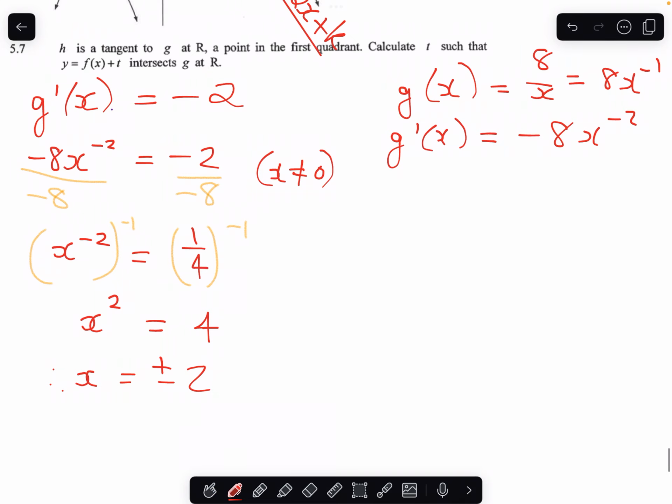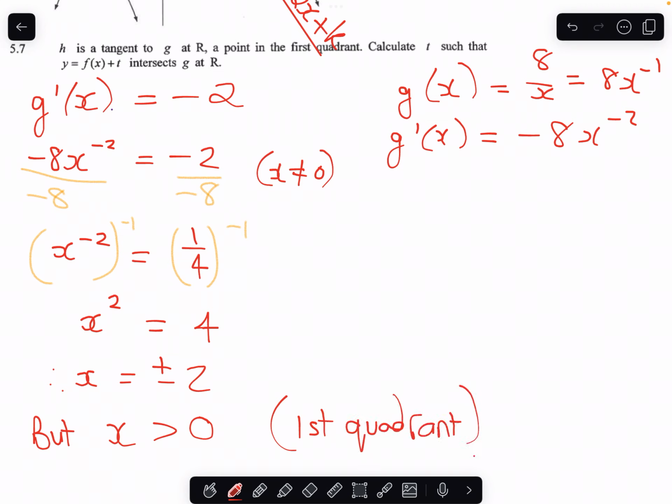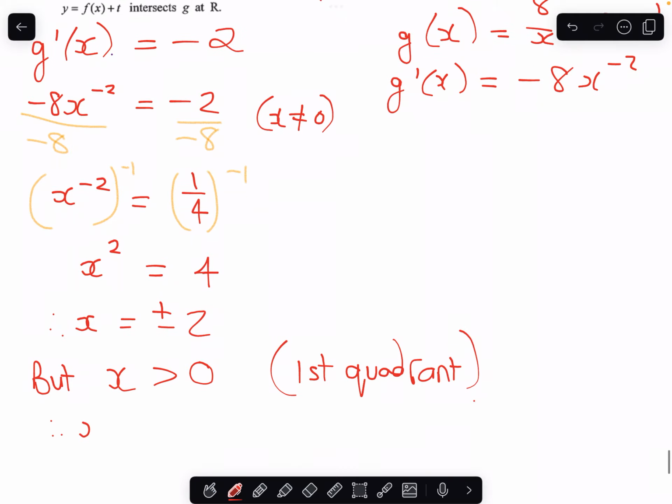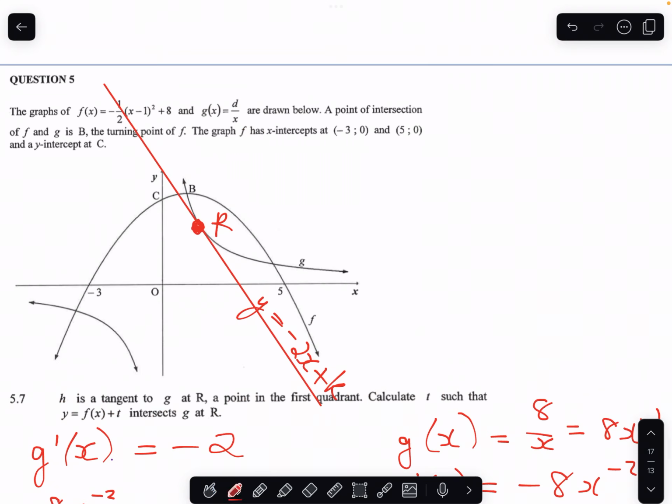But we know that x is greater than 0 because the point we're talking about is in the first quadrant. So therefore really x is equal to positive 2. So we now know that the x coordinate of r is 2.